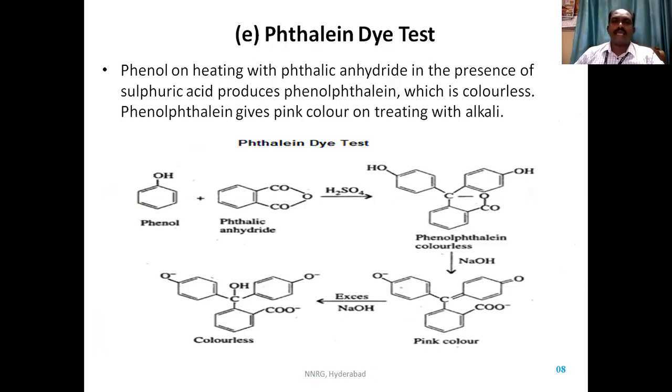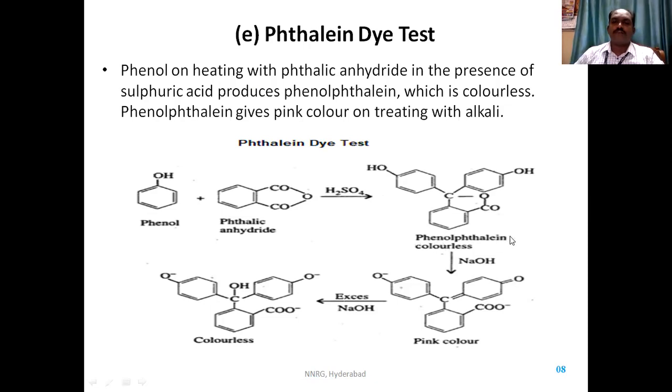Next one, phthalein dye test. Phenols on heating with phthalic anhydride, in the presence of sulfuric acid, which is a dehydrating agent, produce colorless phenolphthalein.